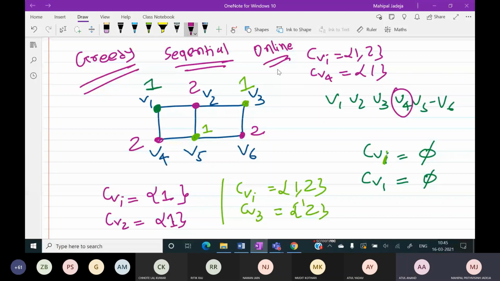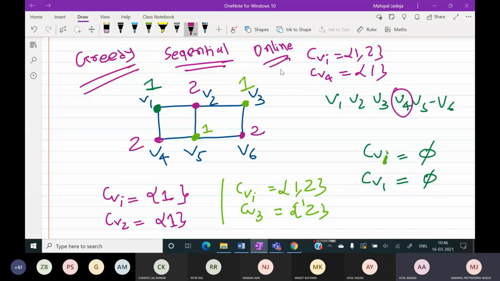No. With respect to algorithms, we can add a new node later, at running time, without changing the existing coloring. Very good. So it's called online because it works on the available data only. In future, if you add anything, it won't destroy your work. You can extend your work.